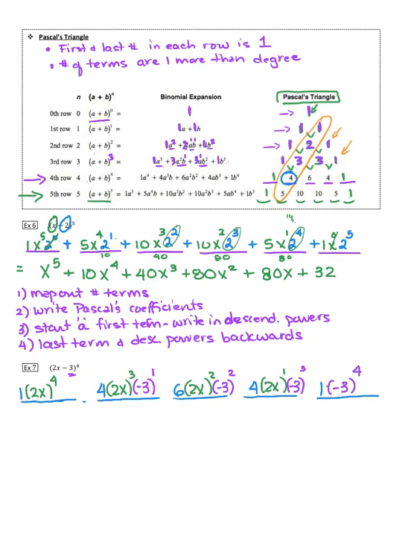Okay, so now we have to simplify everything. So that means anything with an exponent in parentheses, that exponent distributes to both. So 2 to the 4 is 16, x to the 4th. Now this next one, notice that I have a negative in here. Whenever you have a negative, basically every other term, it's going to toggle between positive and negative.